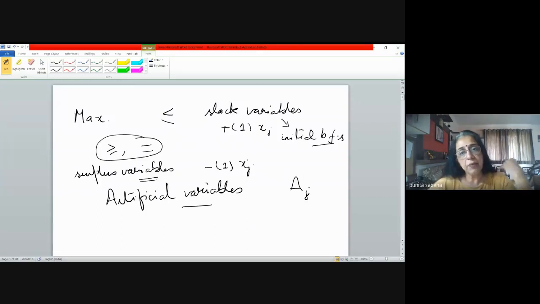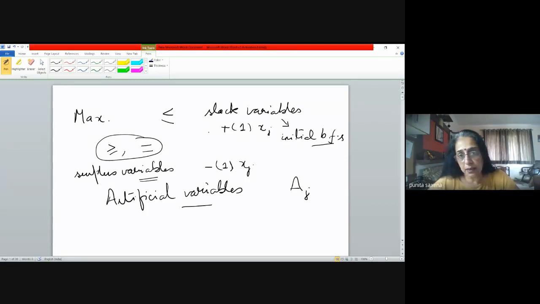Had they been decision variables, the way we defined them in the beginning, they would make sense, because decision variables have a physical significance. They exist because the decision maker wants them to exist. Slack and surplus variables exist not physically but economically, because they denote some significance regarding the resources available to the decision maker.